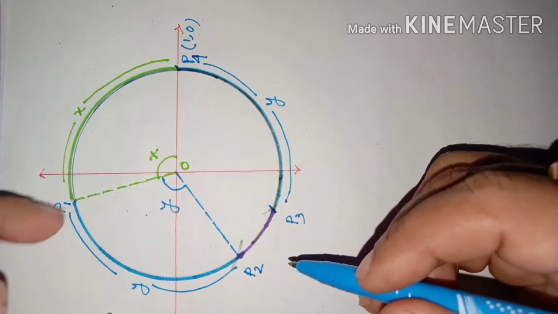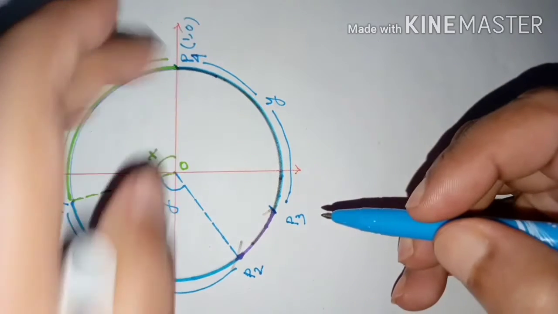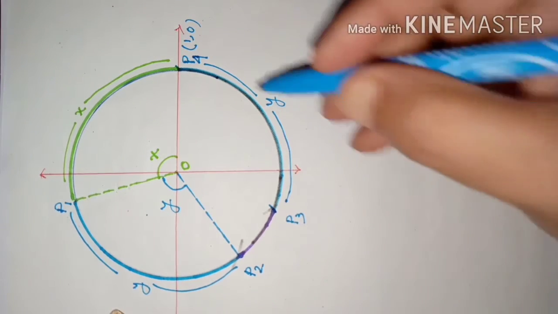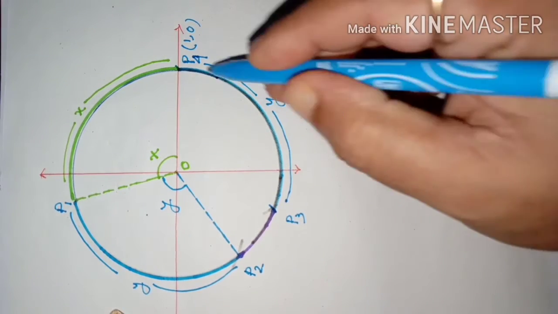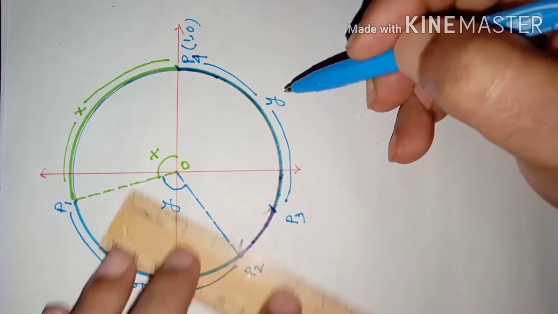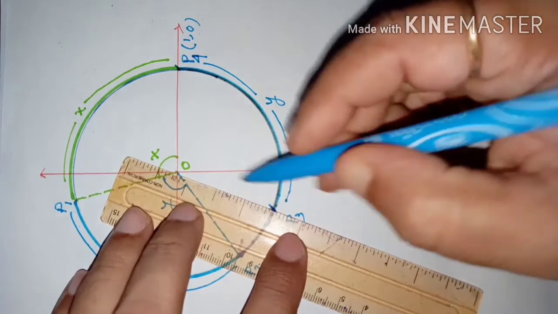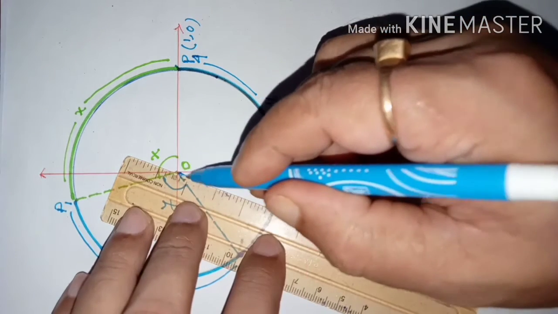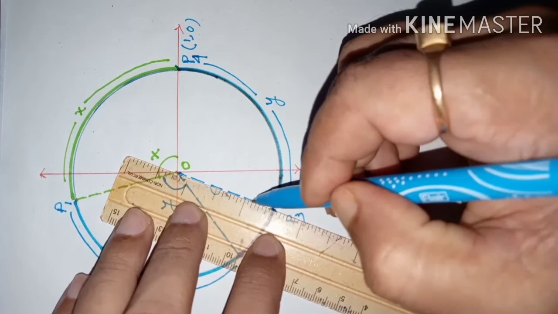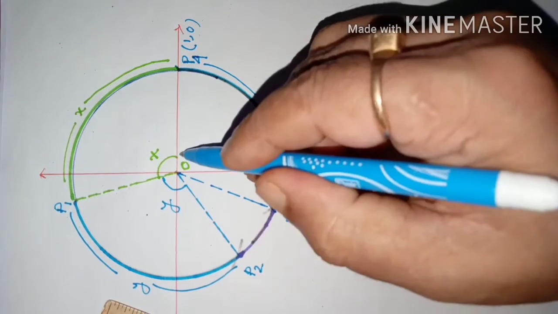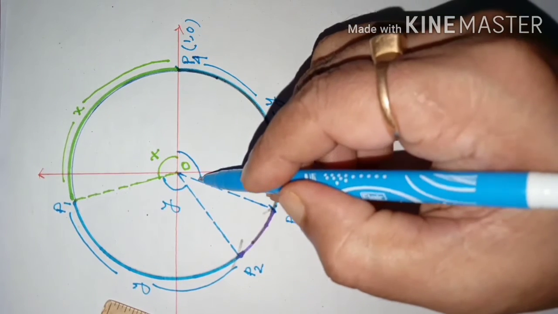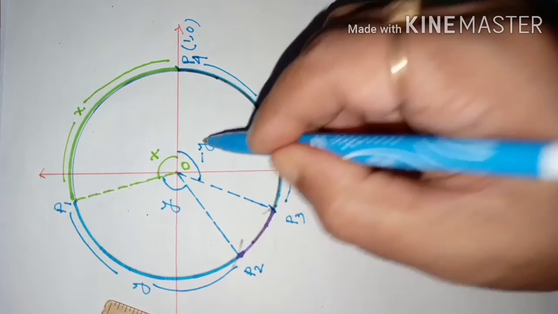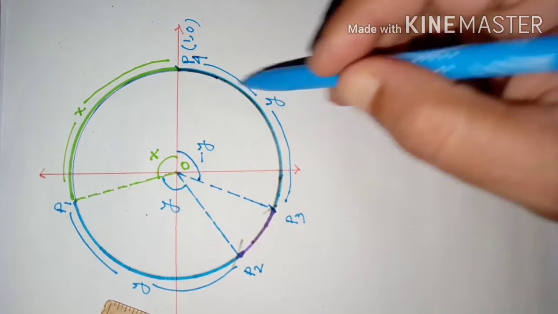Serially it is P1, P2, P3, P4. This arc is also of length y unit. When I join this point with the center, at the center we will get an angle whose measure is y radian, but this is a negative angle. You can say minus y radian, because this is in clockwise direction.